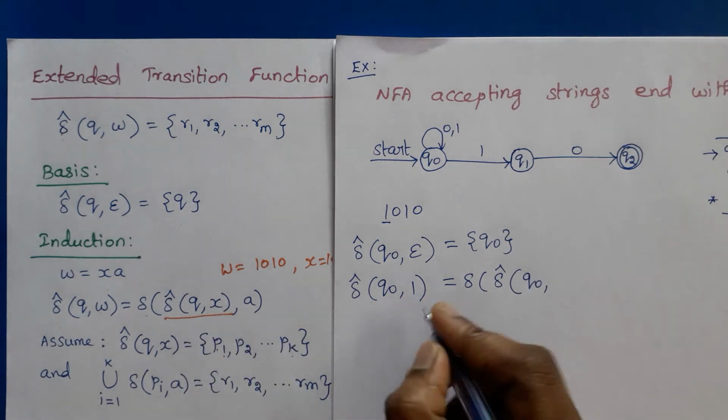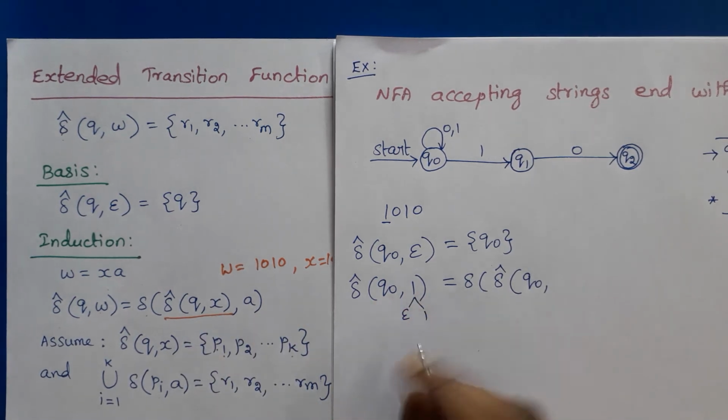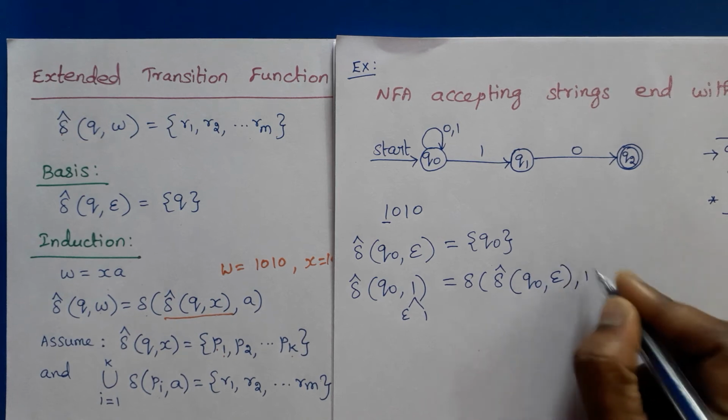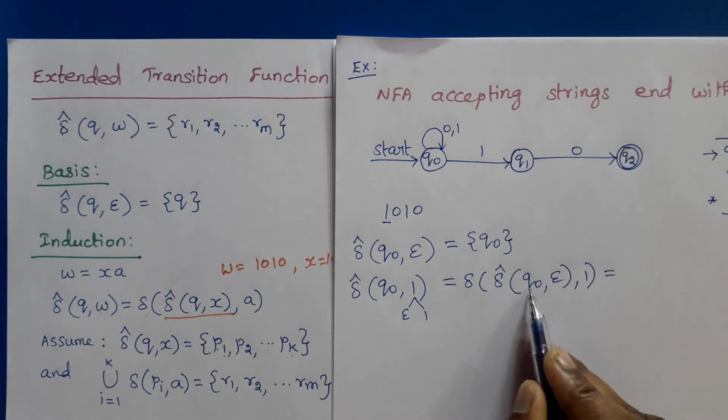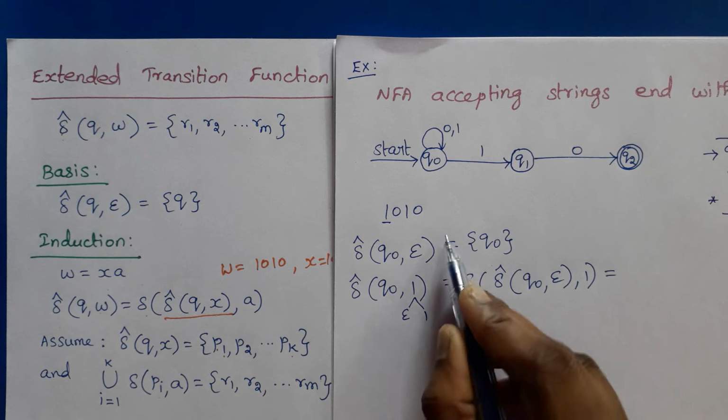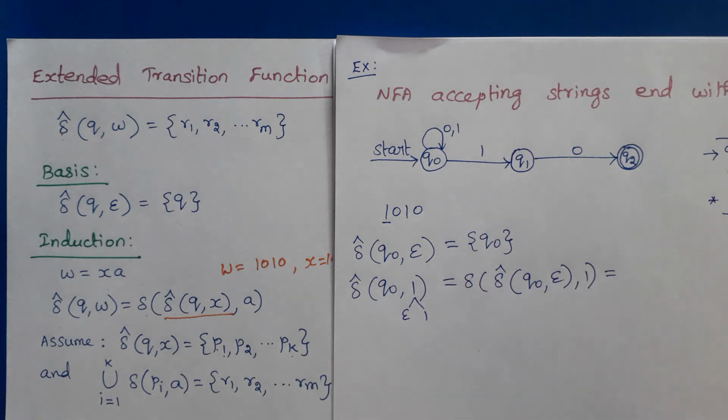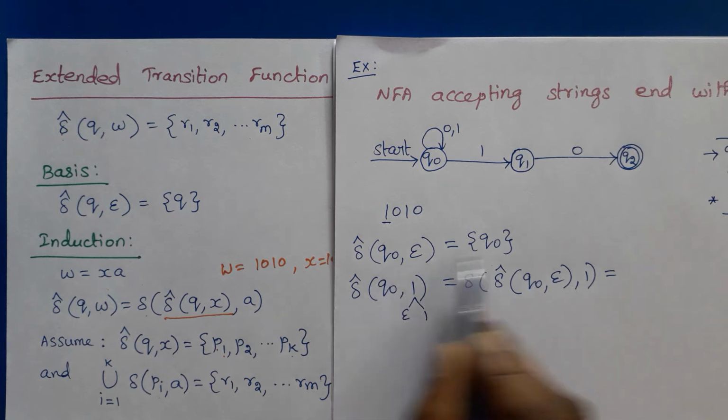So this can be written as delta cap of Q0 comma, split like this, epsilon and 1. Epsilon is X, A is 1. And usually this delta cap of Q0 comma X can be taken from the previous step, because recursively we are finding. So delta cap of Q0 comma epsilon is Q0.